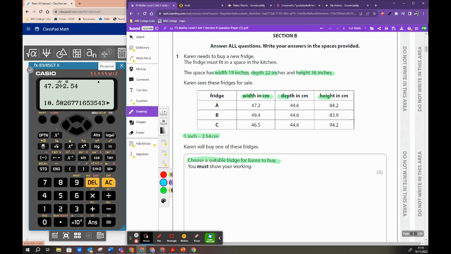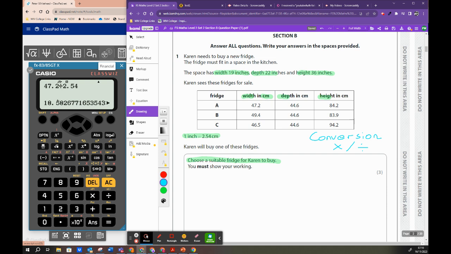So next thing I need to do is to think about what maths I'm going to do. Well, 1 inch, centimetres, I've got some stuff in inches, I've got some stuff in centimetres. So I'm going to have to do a unit conversion, which means I'm going to be either multiplying or I'm going to be dividing.